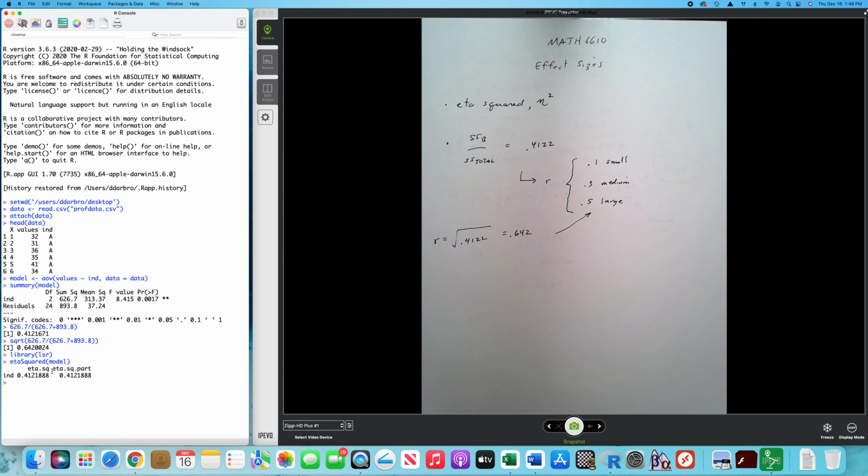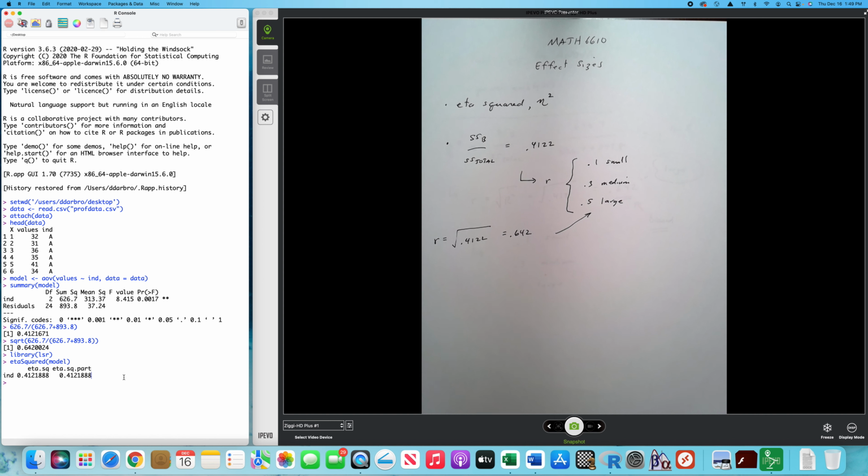What I would want you to focus on is the eta squared part, so that's the partial eta squared. You can see that this value aligns with what we got previously, off a little bit due to rounding.